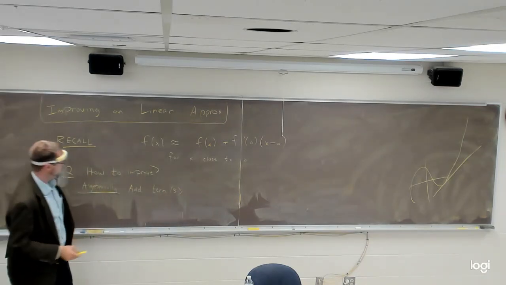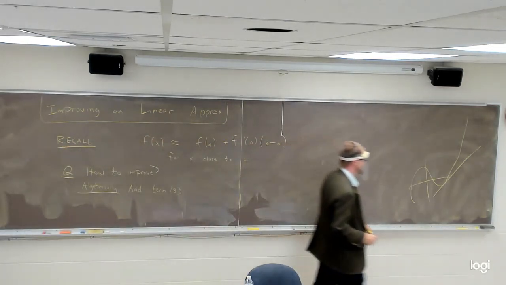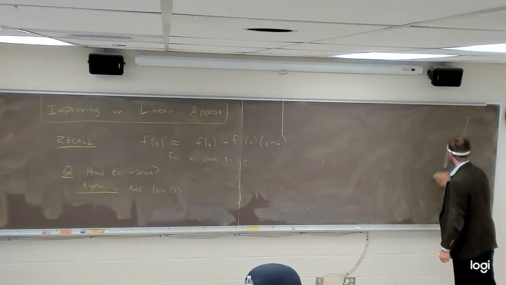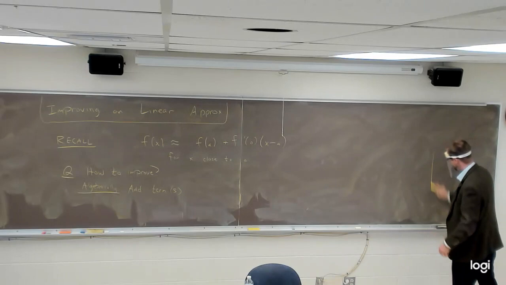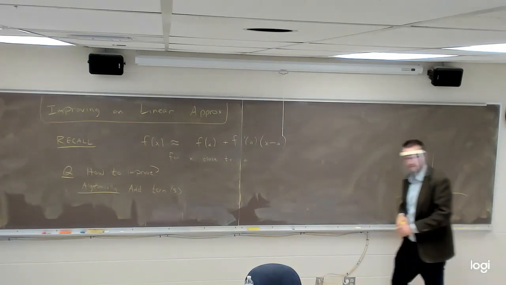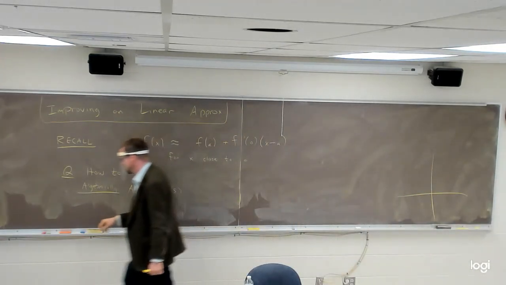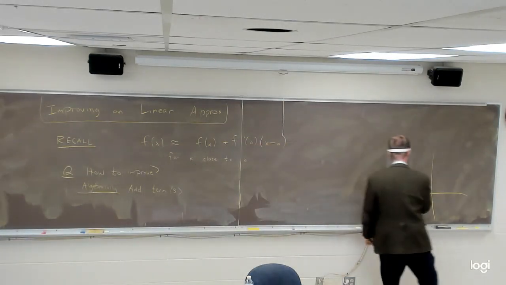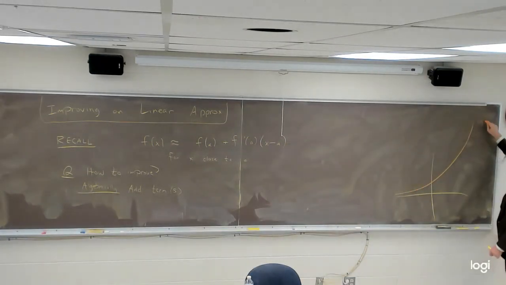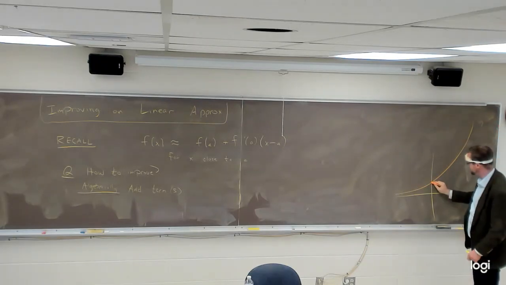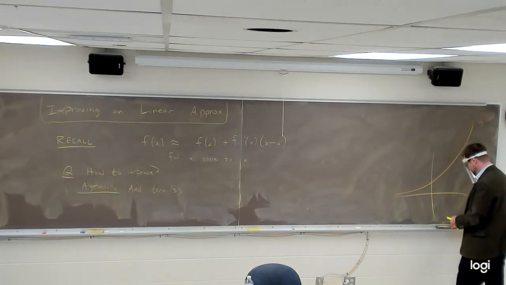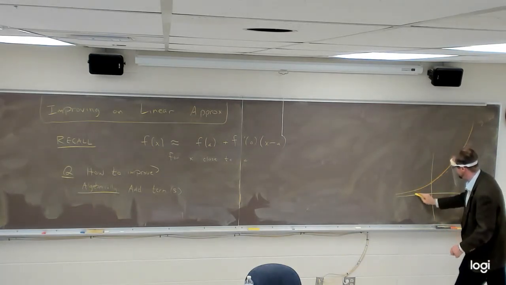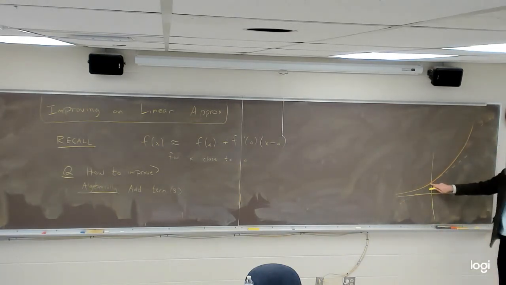I could also think about it visually. This is trying to approximate my curve by a line. What if I tried to approximate my curve by some other curve that was a simplification of it in some way? So as an example, suppose I'm looking at e to the x, and I'm looking near 0. I've got my tangent line. And this is like the line that best fits the curve here.